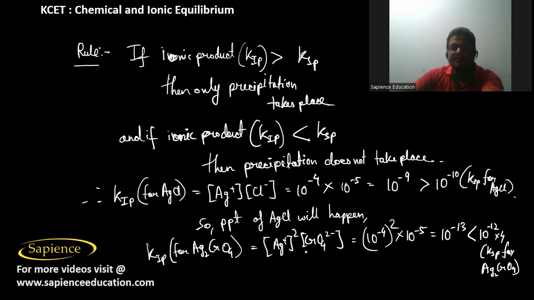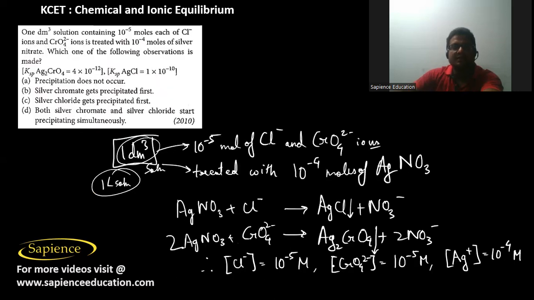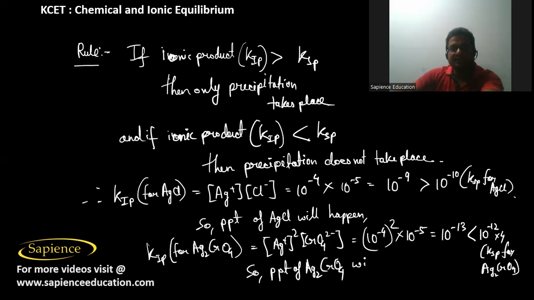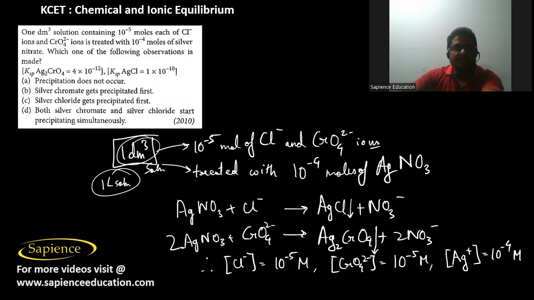So precipitation of silver chromate will not happen, but precipitation of silver chloride will happen first. So silver chloride gets precipitated first. So option C is the correct answer.